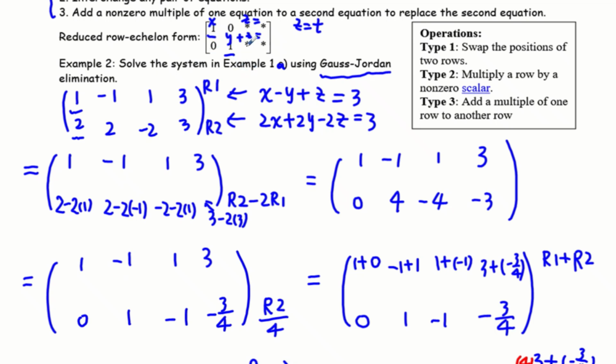Then we let z equals t. Then we can write the equation of the line. And also, I will introduce how we call each number.